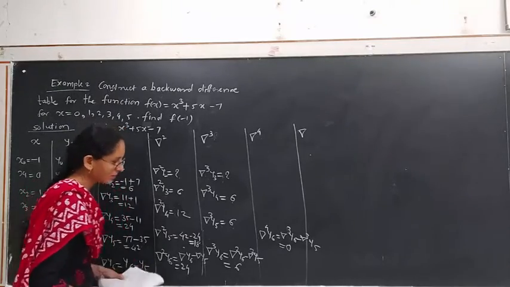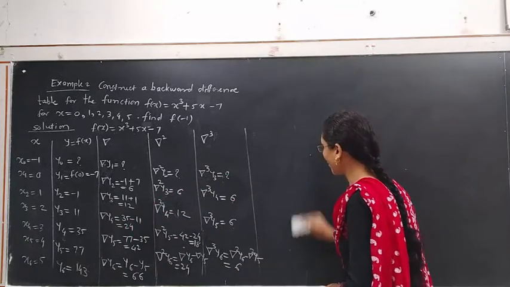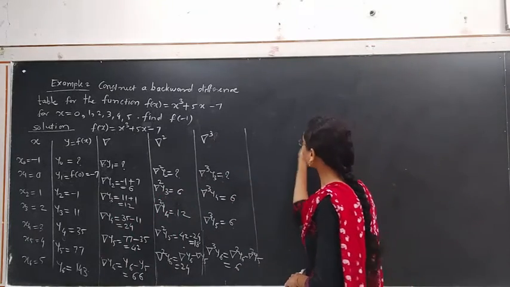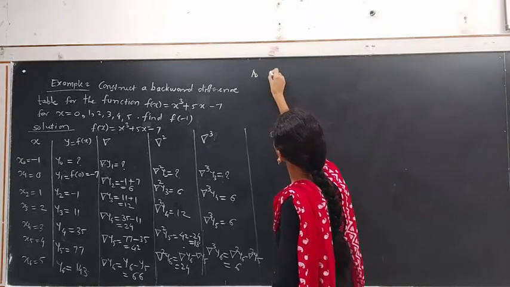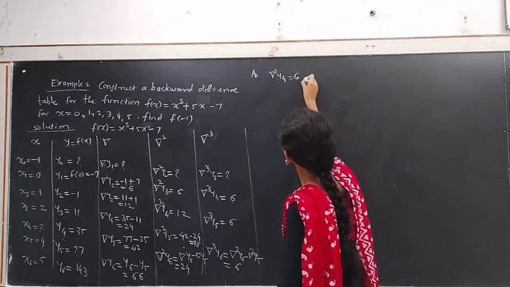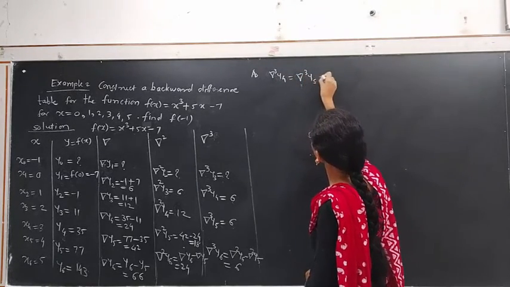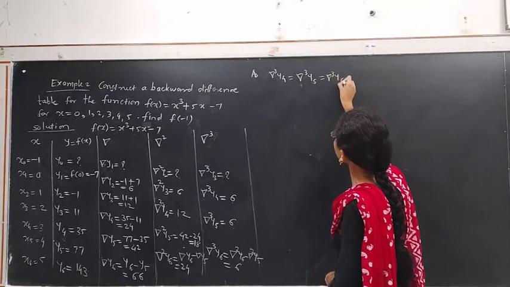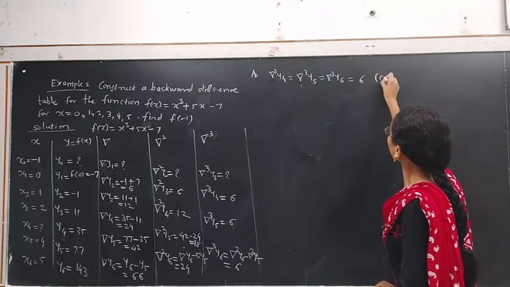Hence, from the last column of this table, we will get the value of del cube y3 as del cube y4, which is equal to 6. This value is the same as del cube y5, del cube y6. All these three differences are constant.